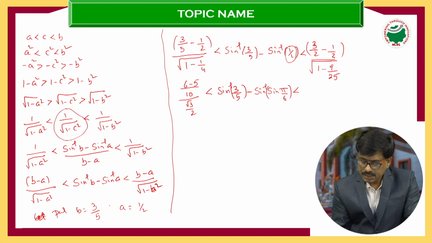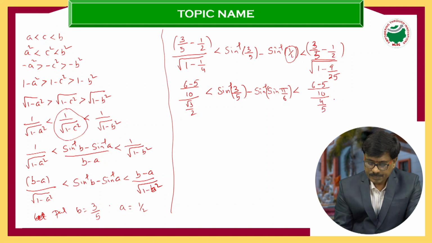Less than 6 minus 5 whole over 10 divided by, taking LCM, 25 minus 9, 16 by 25, which is 4 by 5.